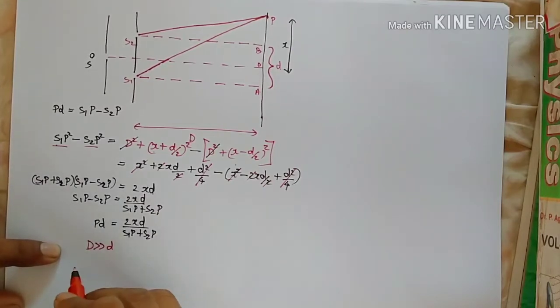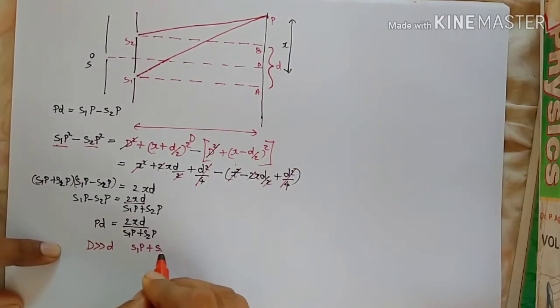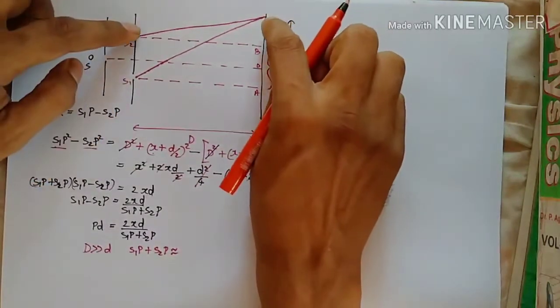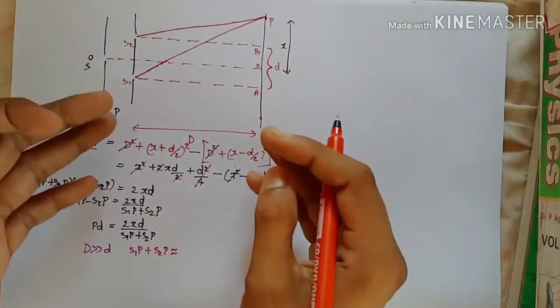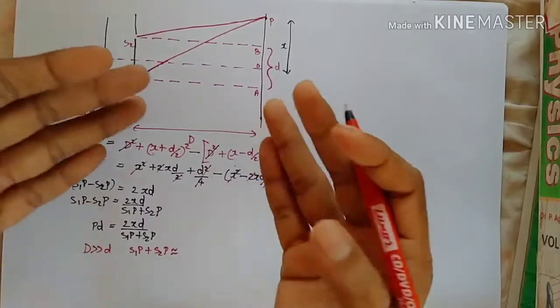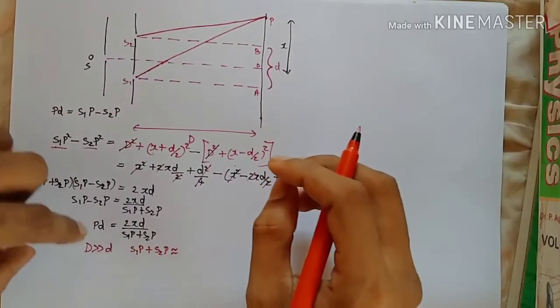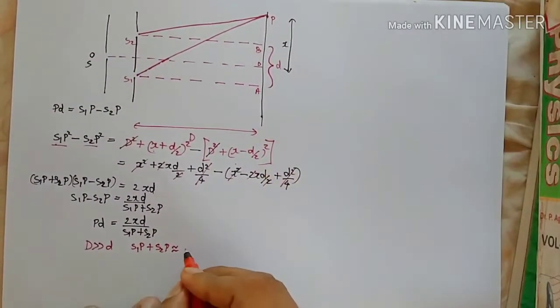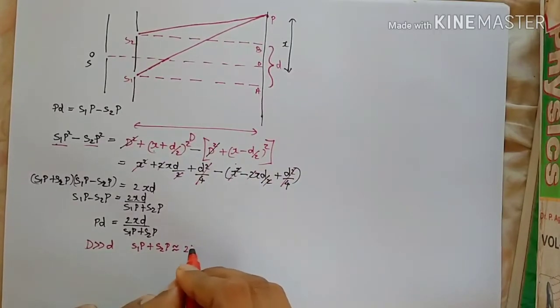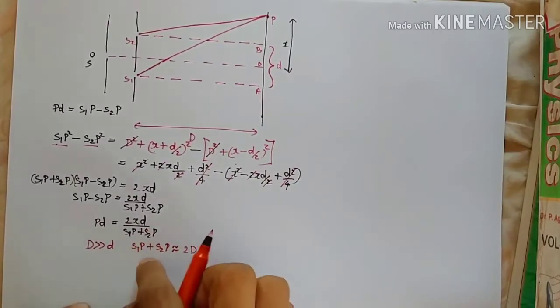If capital D is much greater than small d, we could go for an approximation: S1P + S2P, both will be approximately equal to D plus D. Not in this diagram, but in the actual case, it will be approximately 2D. This is the reason for this.